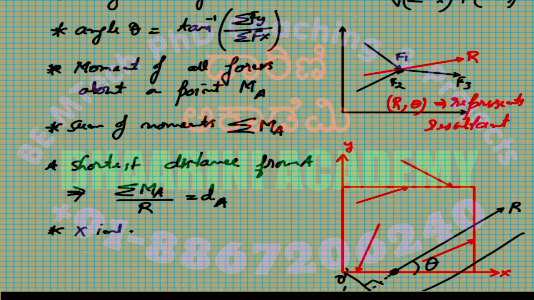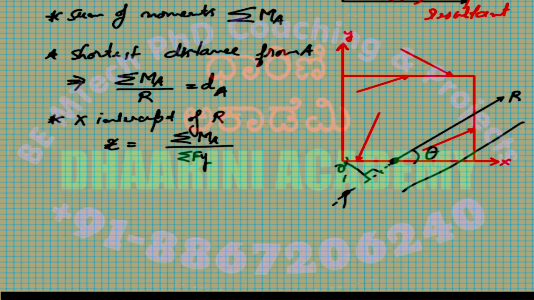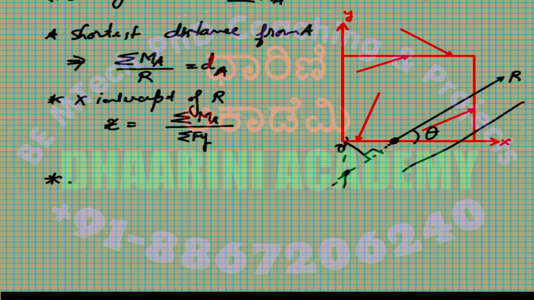Next, the x-intercept. X-intercept of the resultant is denoted by the x coordinate. You can give x is equal to the summation of moments about the point A, divided by the summation Fy. So remember, for x you need to divide by Fy. And another equation, this is the y-intercept of the resultant R, let's call this y.